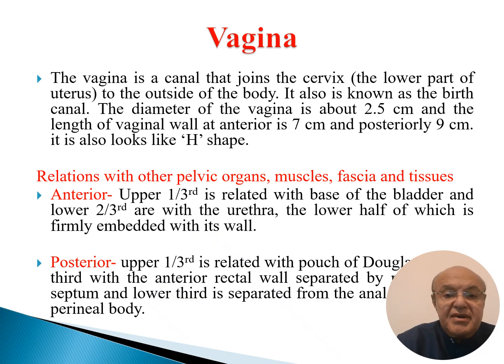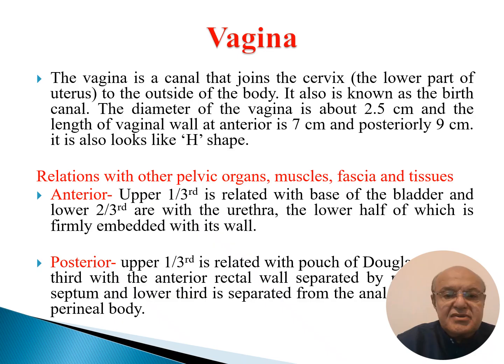Relation with other pelvic organs, muscle, fascia, and tissues. The upper one-third is related to the base of the bladder, and the lower two-thirds to the urethra, the lower half of which is firmly embedded in its wall.